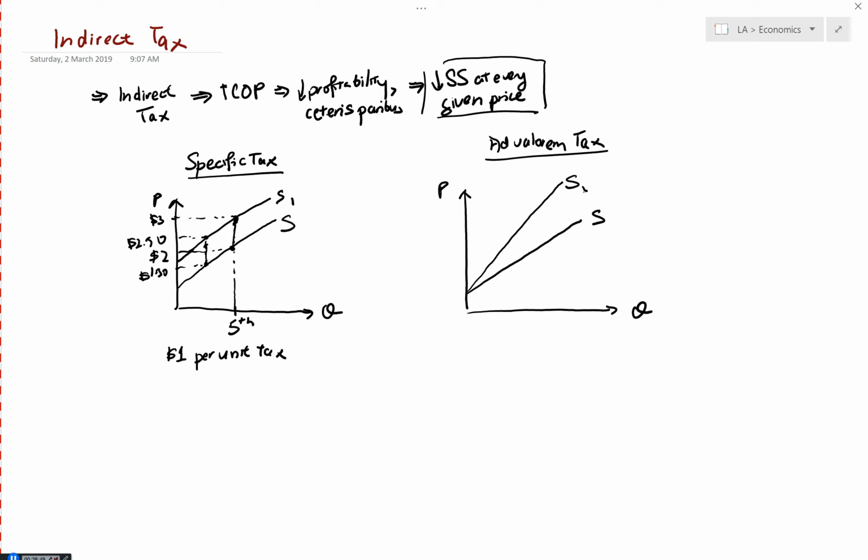Why does it pivot? Because the percentage of every price means the absolute gap will become bigger. For example, let's say it's a 10% tax. So $2 with 10% tax will be $2.20.